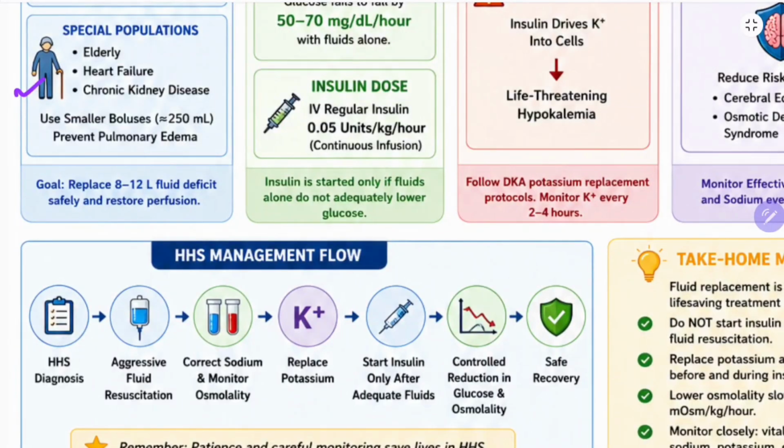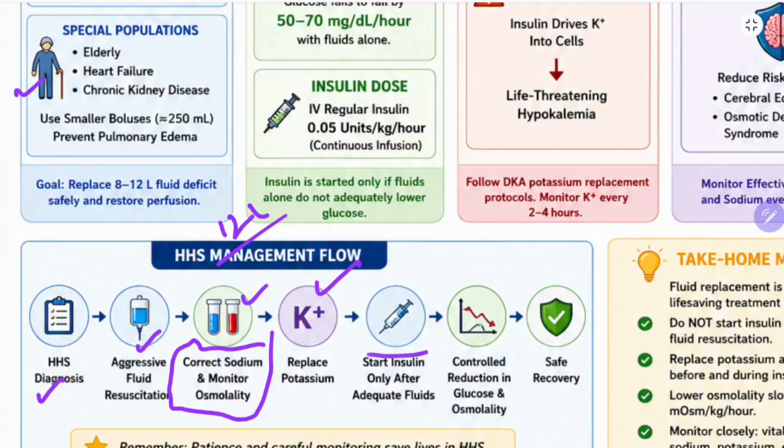So HHS management in simple words: HHS diagnosis to aggressive fluid resuscitation. So 12 liters of fluid correction in 48 hours. Correct sodium and monitor osmolality. See, sodium role is very high in HHS, and replace potassium. Start insulin only after adequate fluids.